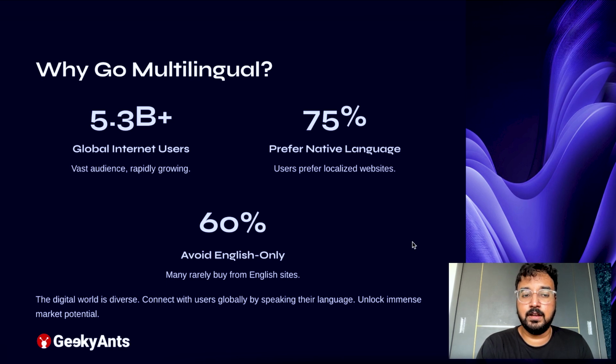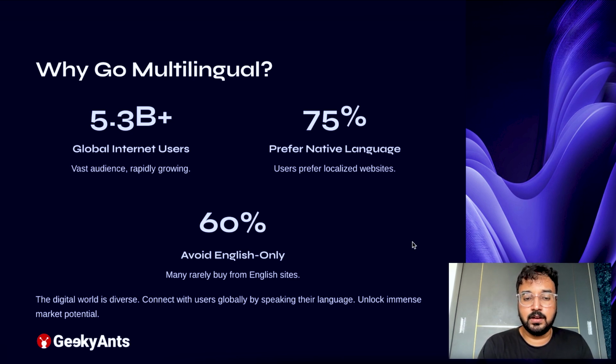Suppose it's a website that helps them buy certain things, then they would want to view all the content in Japanese itself, so that they feel at home and much more comfortable understanding the various terminologies that are associated, and so on.